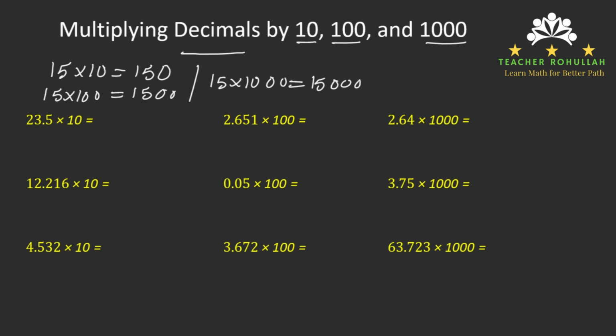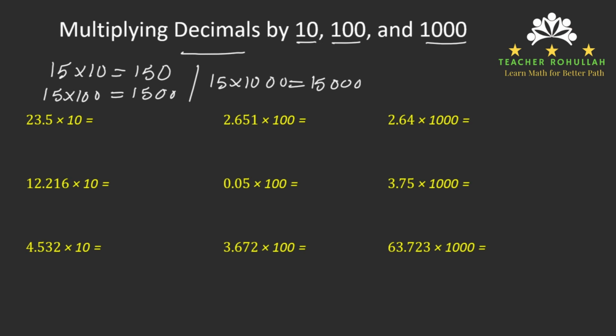Now the question is, is multiplying decimals by 10, 100, and 1000 the same, or is there a difference? Yes, there is a difference. We cannot just add zeros to the decimal. We have a decimal point and we have to move the decimal to the right when we multiply by 10, 100, and 1000.